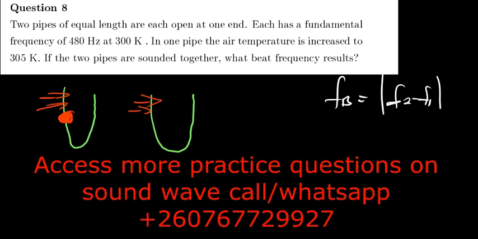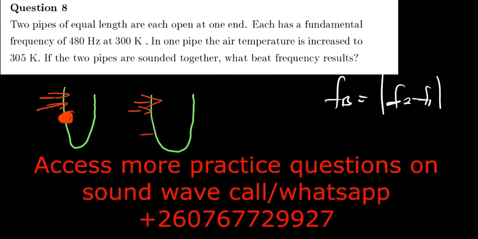So the sound for this one will be whoa, whoa, whoa, then the sound for this one will be like gong, gong, gong. The difference in those two frequencies is what we call the beat frequency. If the beat frequency is negative, you just take the positive part. So it is the absolute value of the difference in two frequencies that we call the beat frequency.